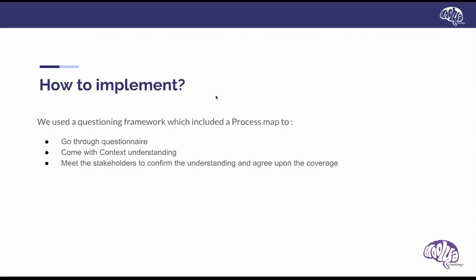Now I'll show you how we implemented it in the project that I mentioned earlier. It's a big international enterprise project. This project has multiple testing teams, but we did this for a few of the teams.